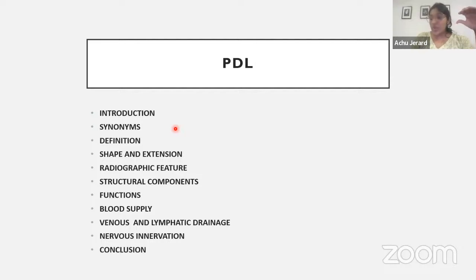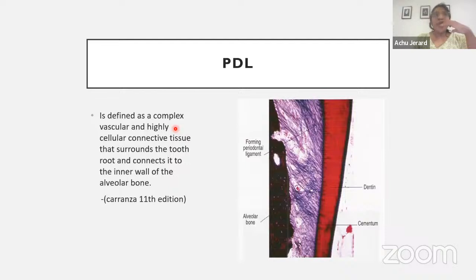Now we'll quickly go through the PDL, cementum, and bone because specific questions have been asked from some specific areas only. So we'll cover it very fast because gingiva was the most vast portion. With regard to PDL, the main things you need to know are: what is PDL, the structural and cellular components of PDL, and then the theories related to it. So what is PDL?